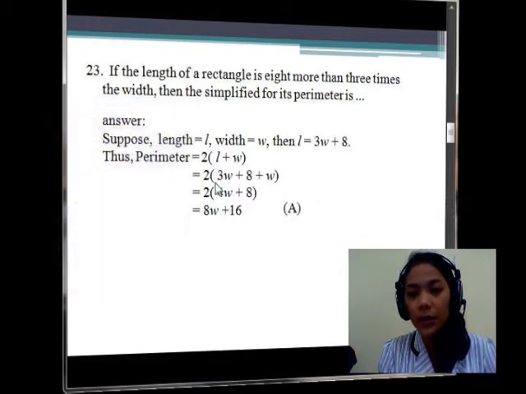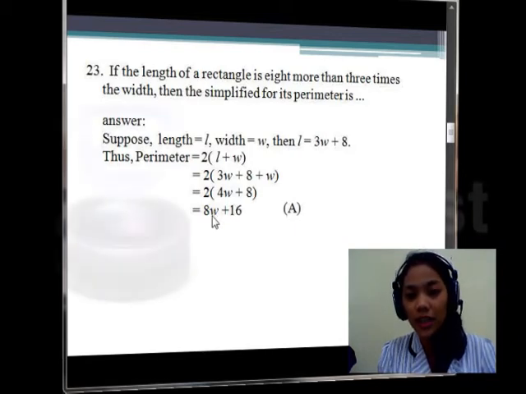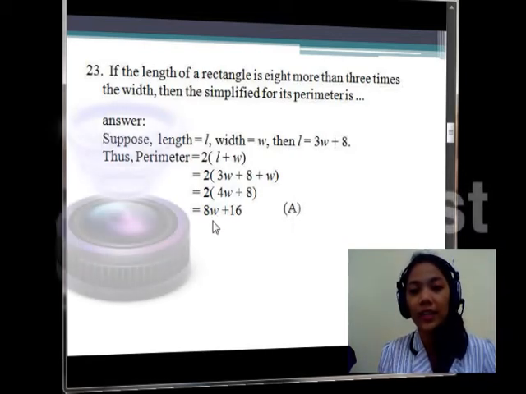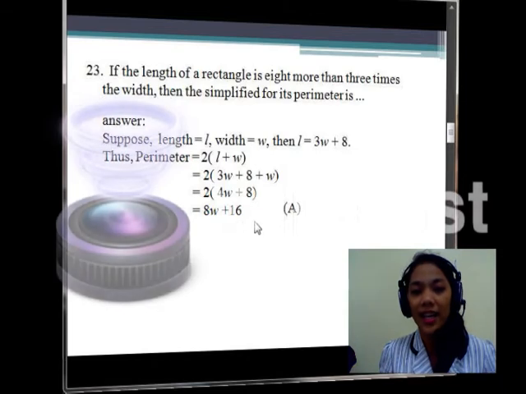Therefore, it will be equal to 2 times the quantity of 3 width plus 8 plus width. Just simply combine like terms. That's why there you have 2 times the quantity of 4 width plus 8. So it will be equal to 8 width plus 16. That's why the answer is letter A.